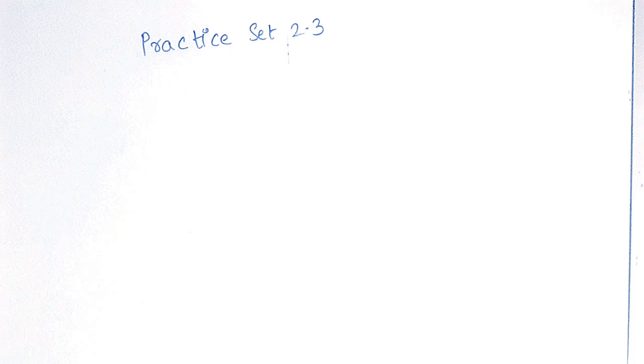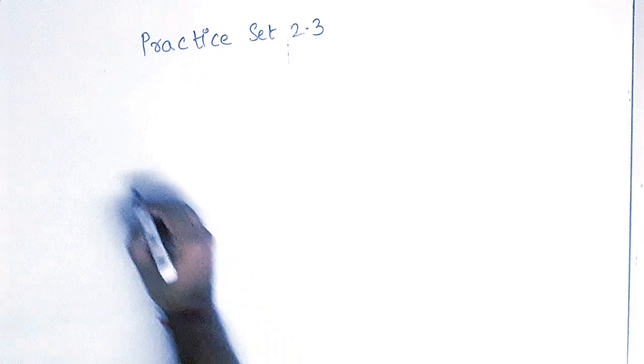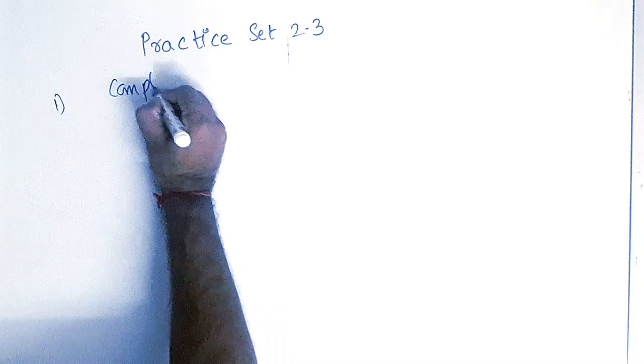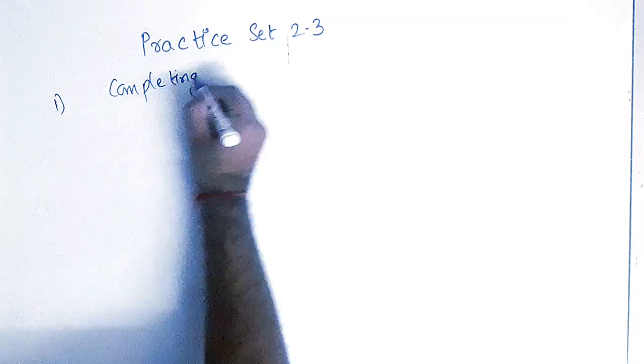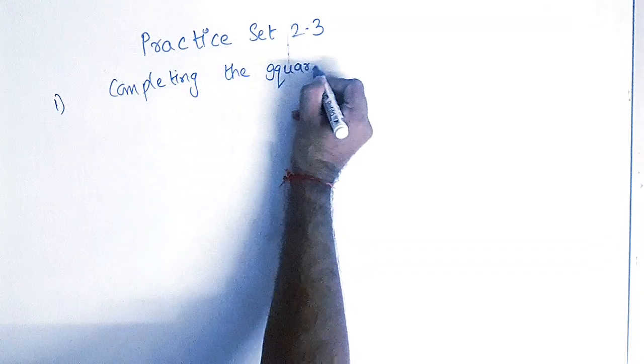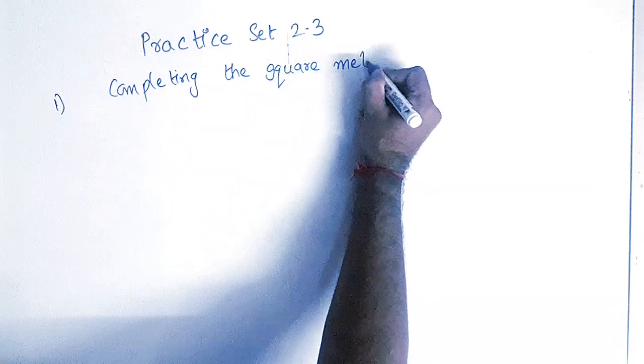Everyone. So today we'll be starting with practice set 2.3, algebra standard 10th, and here we have to solve the quadratic equation by completing the square method. Okay, so this is called the completing the square method.